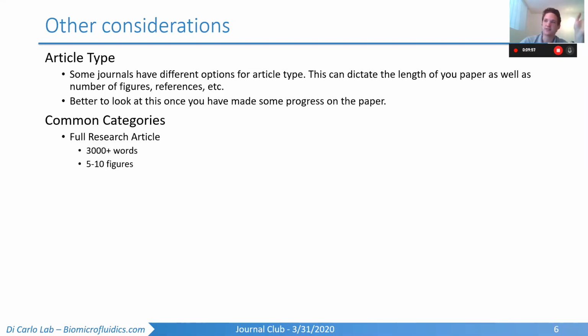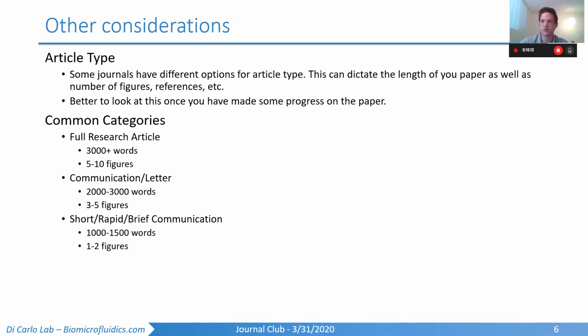Common categories include a full research article, which could be 3,000 plus words in length with 5 to 10 figures. There are shorter communications or letters, 2,000 to 3,000 words, usually with fewer figures. And there are even much shorter ones, like brief communications, as well as reviews, which I think some people are going to be working on in the coming weeks.